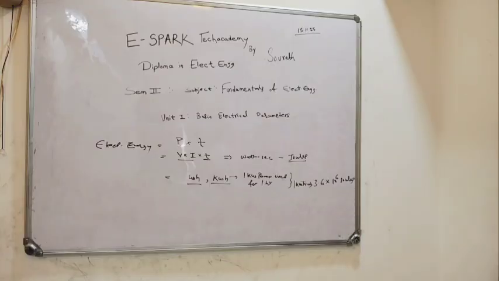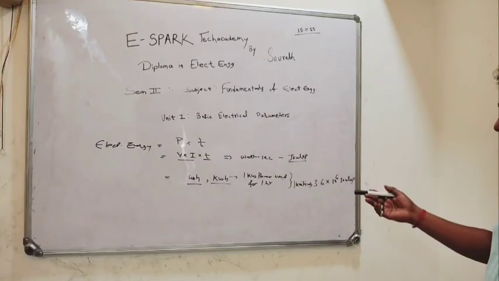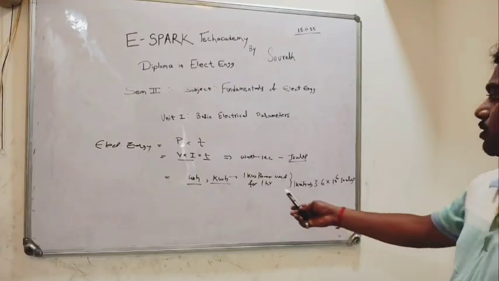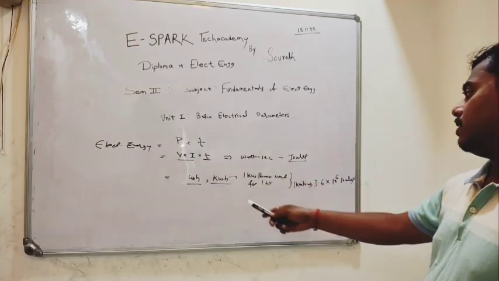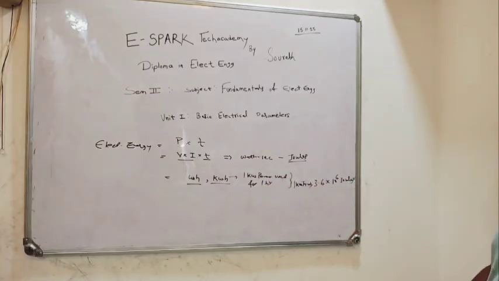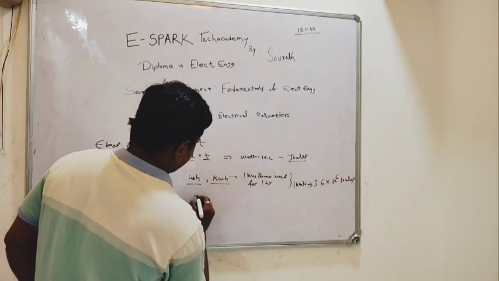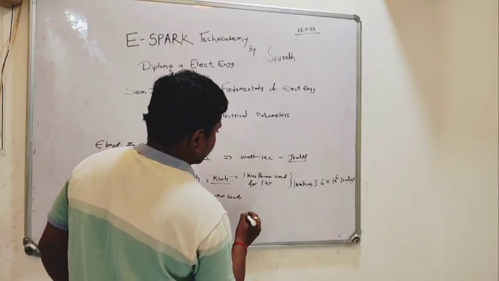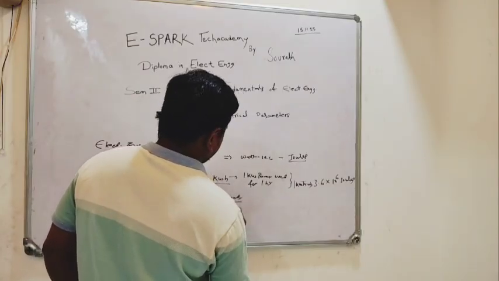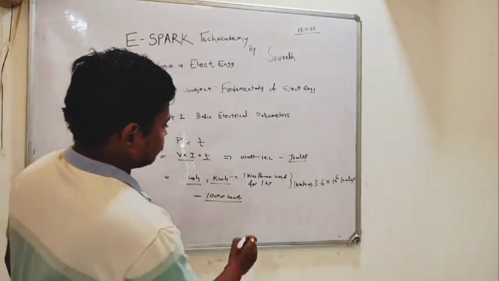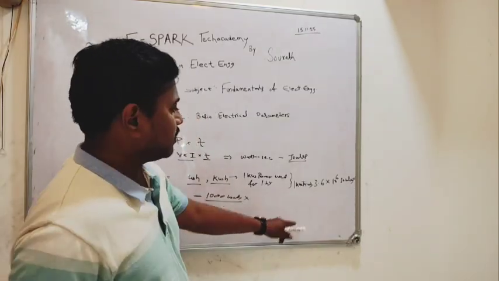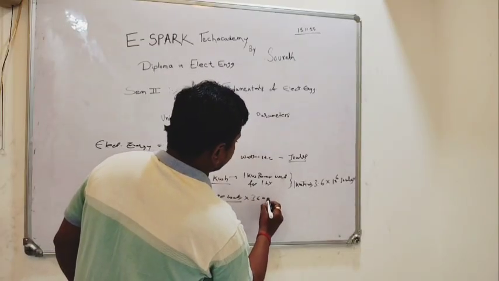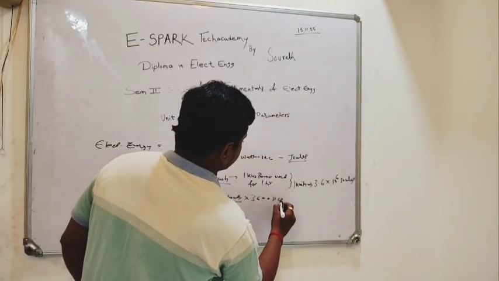Now we can even calculate it, because I have just shown you V I T. 1 kilowatt means 1000 watts. Multiply it with 1 hour, which means 3600 seconds.